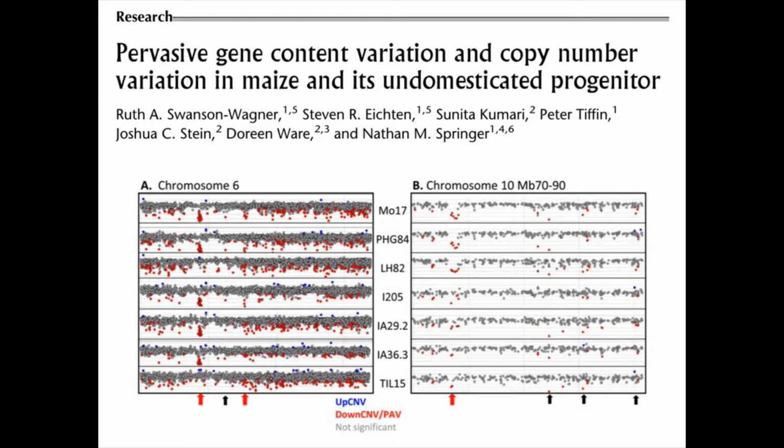What this group did, in the paper on pervasive gene content variation in maize, is that they took the genomic DNA and hybridized it on a gene chip. So what we're looking at here is only genic space, and they're looking at up copy number variation shown as these blue aberrant points, and down copy number variation shown as these red points.